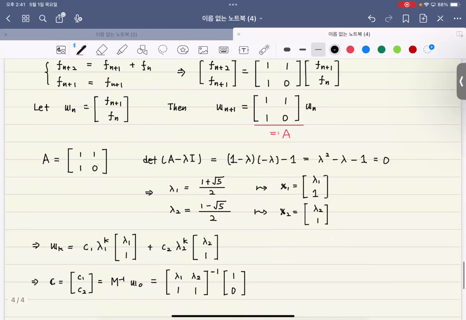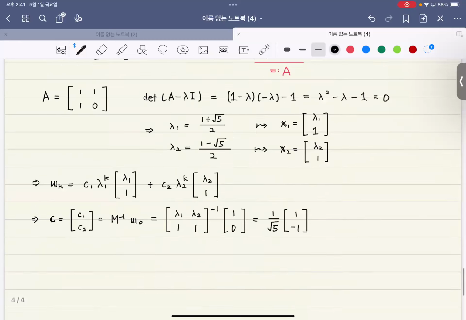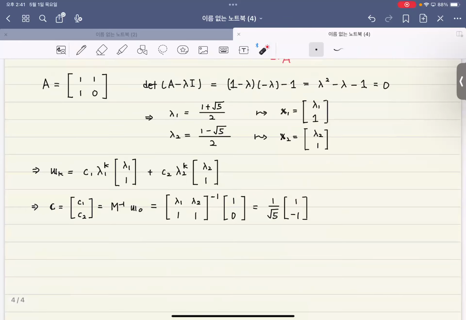This is also a very tedious computation, so it turns out this is 1 and minus 1. So my C1 is 1 over square root of 5, and C2 is minus 1 over square root of 5. Therefore, UK is 1 over square root of 5 times lambda 1 to the K.